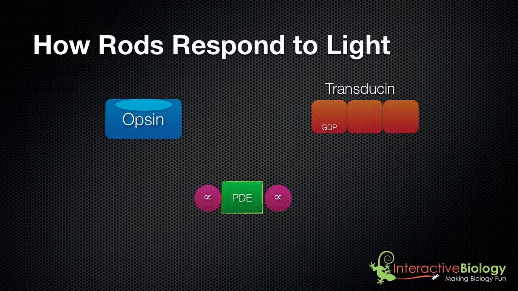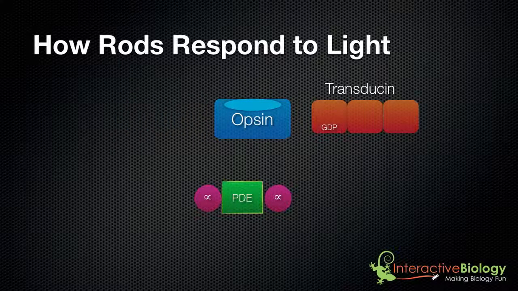The next stage in the process involves opsin going over to transducin, and since the binding site is exposed, that can catalyze a reaction. Now, I want you to pay attention here because here on this subunit of the transducin molecule, you see we have GDP. Once this active site is exposed, that can then catalyze a reaction that converts that GDP into GTP.